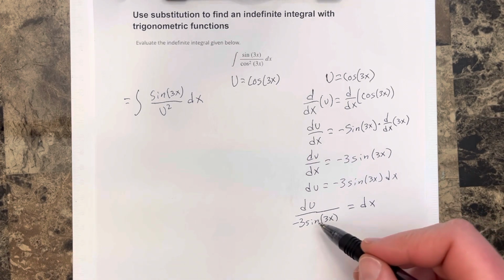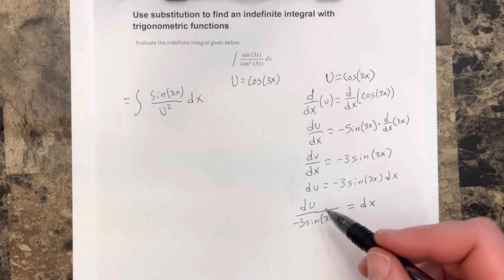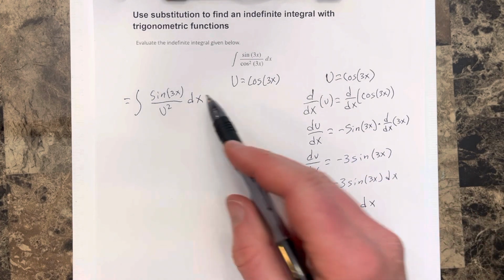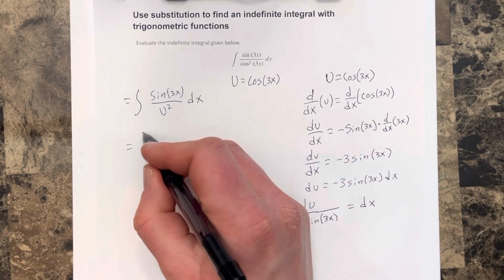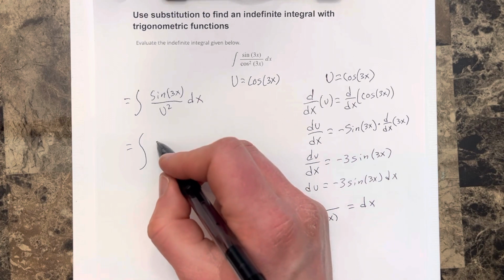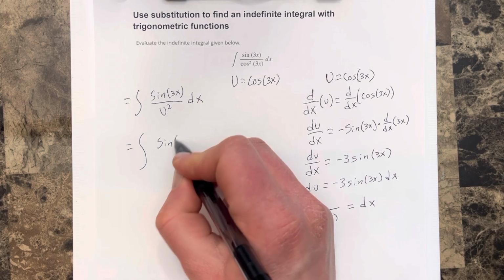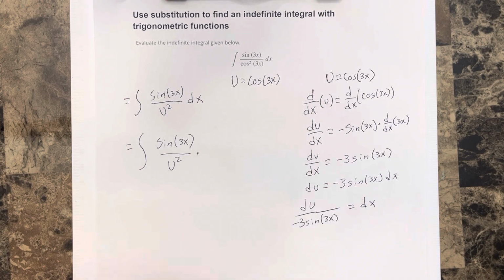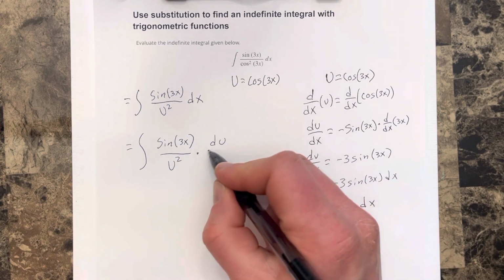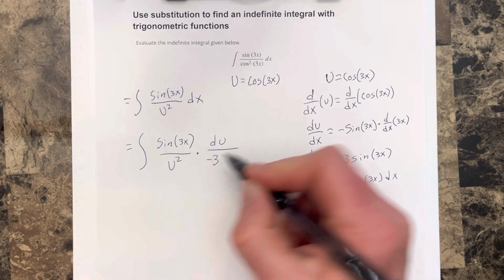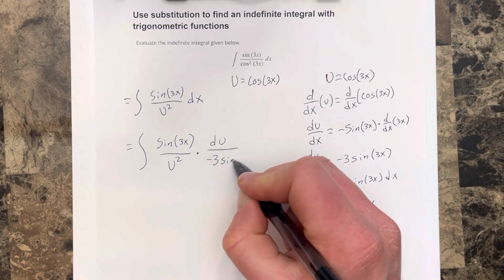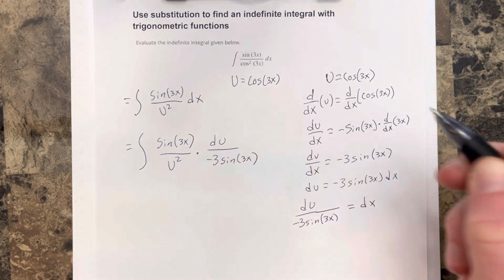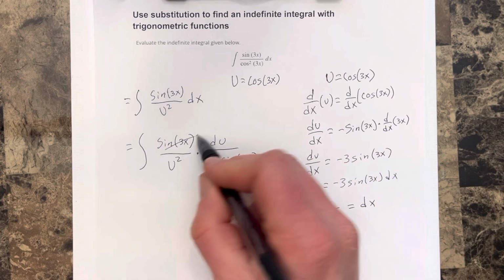So I'm going to take this piece and resubstitute it in right here for dx, and I get integral sine 3x over u squared times, this would be du over negative 3 sine 3x. And you can see that the sine 3x is going to cancel with the numerator.